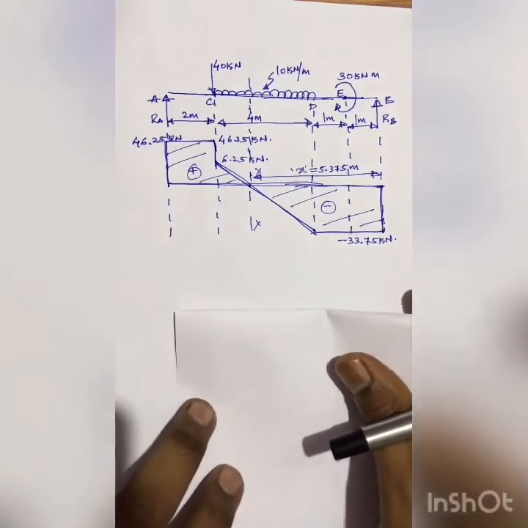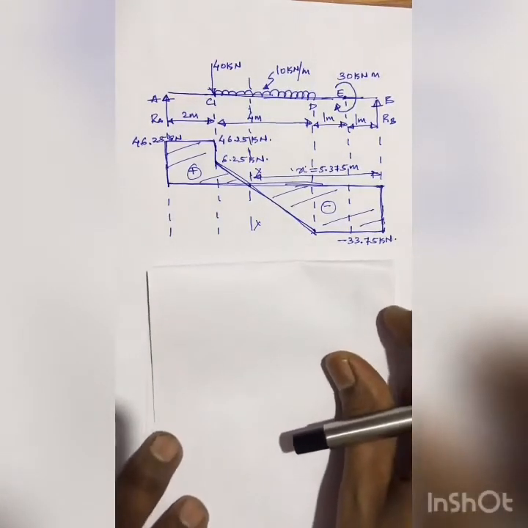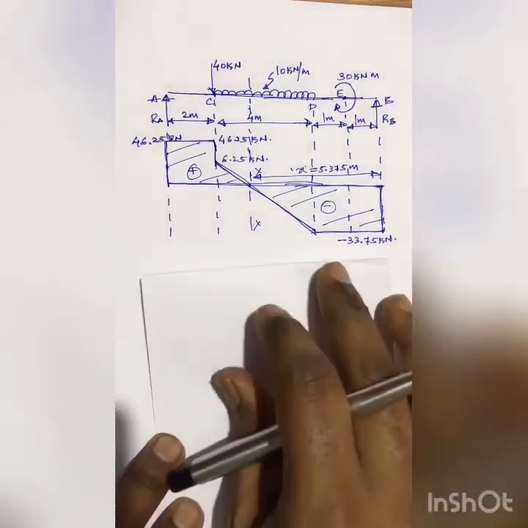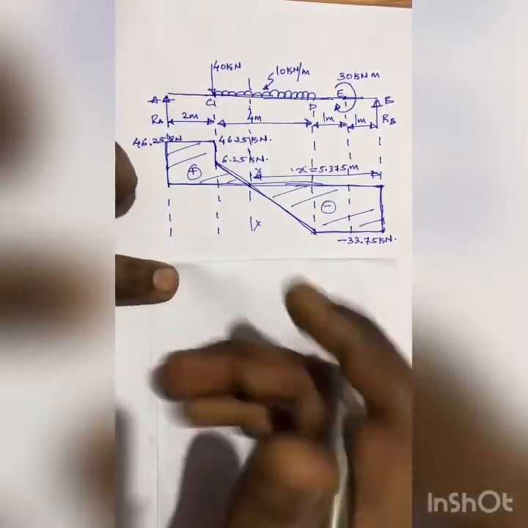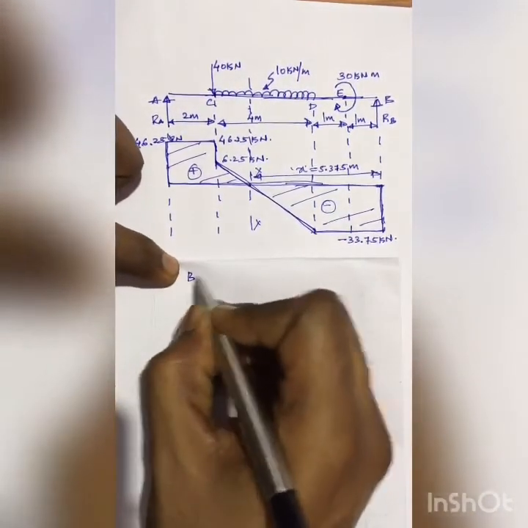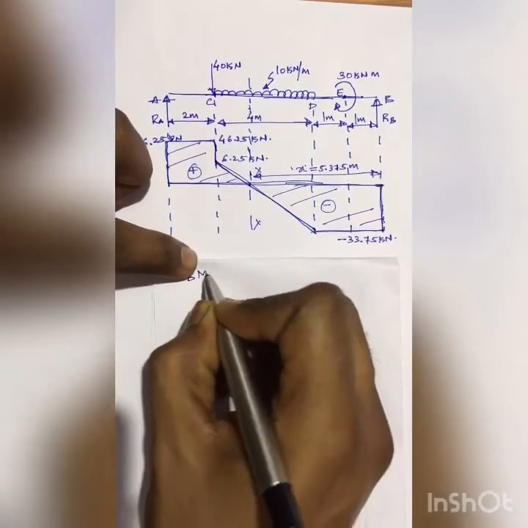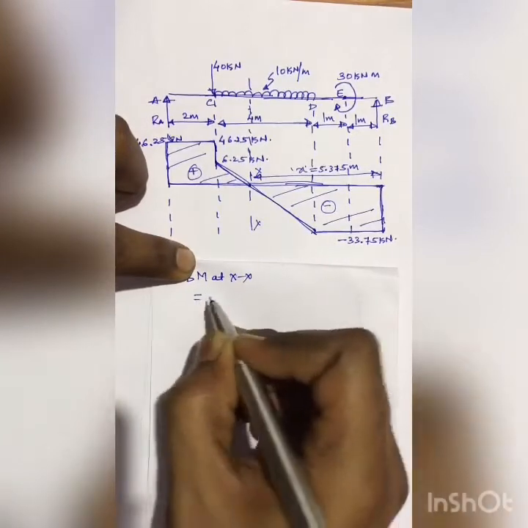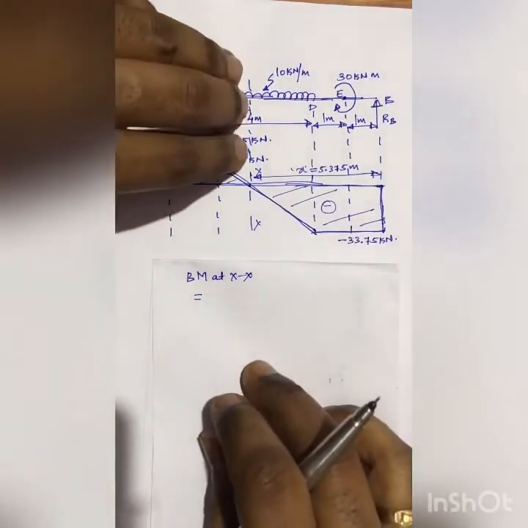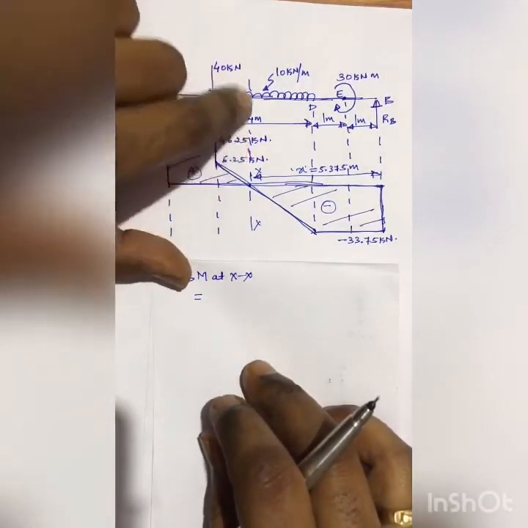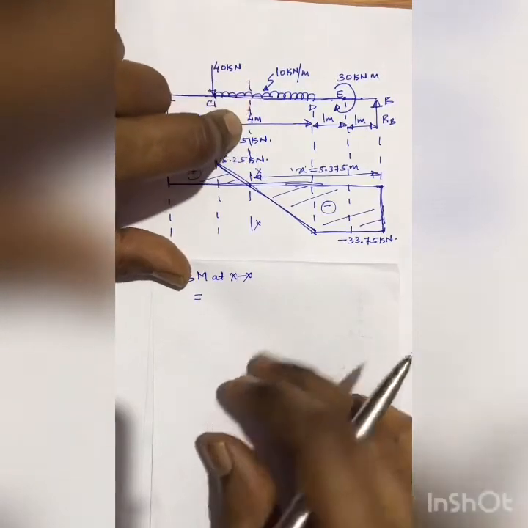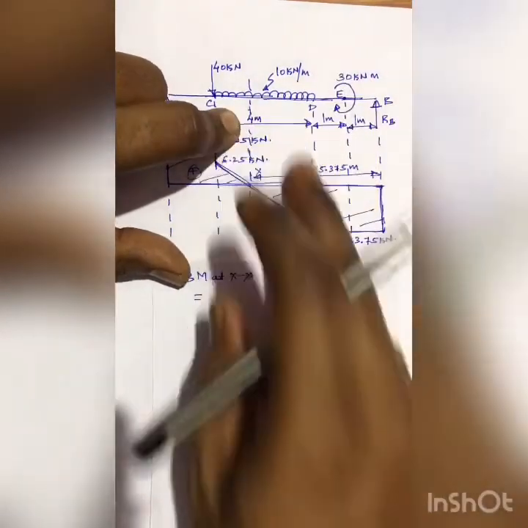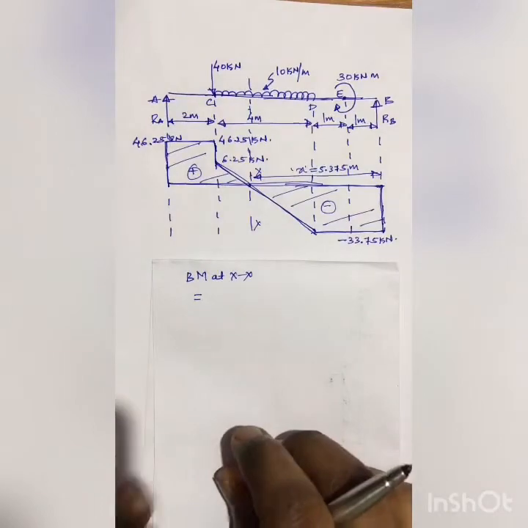So next what I'll do is I'll find the bending moment at XX, that is the maximum bending moment. Maximum bending moment at XX is equal to, I'll again consider the bending moment due to all the forces that are acting towards the right side of XX. So how much is this?